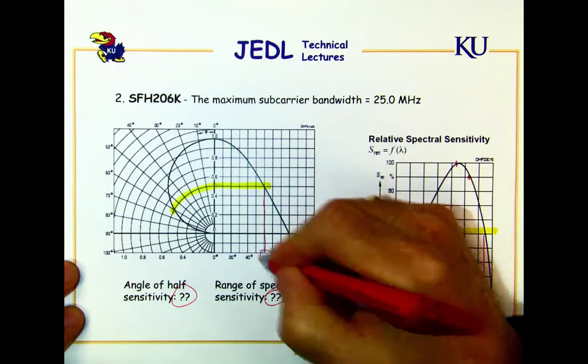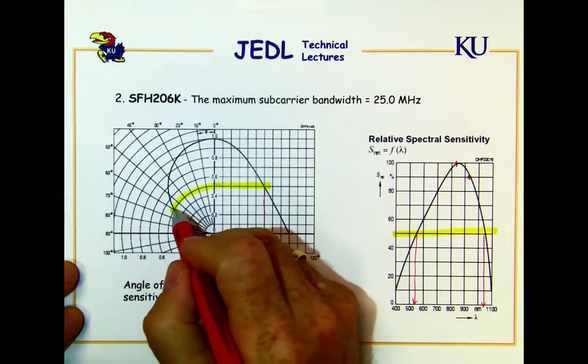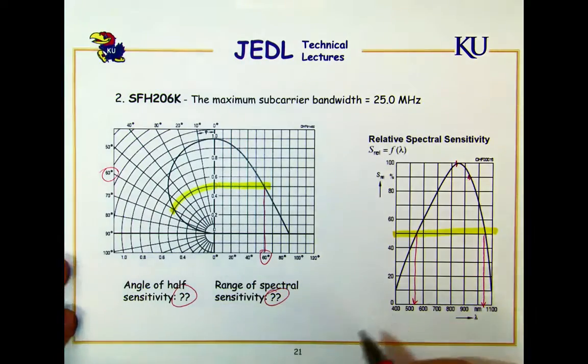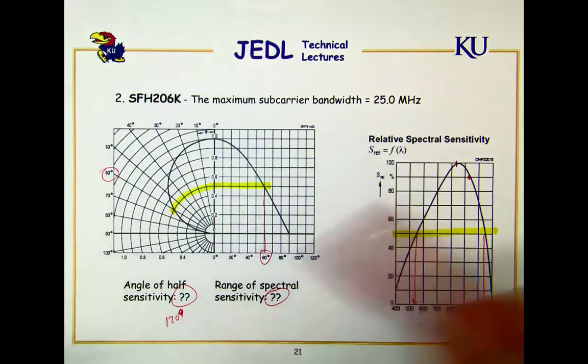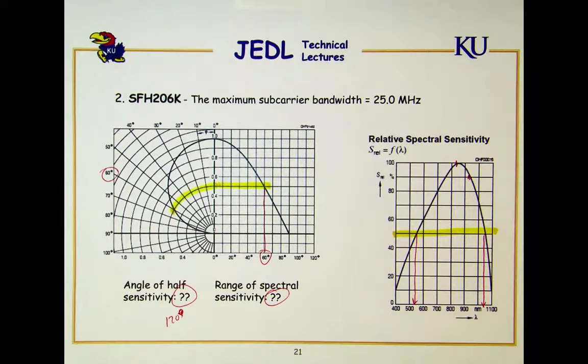Go down, and that's 60 degrees there. That intersects at 60 degrees there, so I would say the angle of half sensitivity is like 120 degrees. And so that's a pretty wide viewing angle device as well. So both of these are usable devices that you can implement into your design for this project.